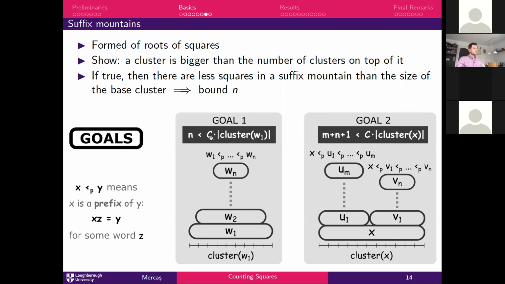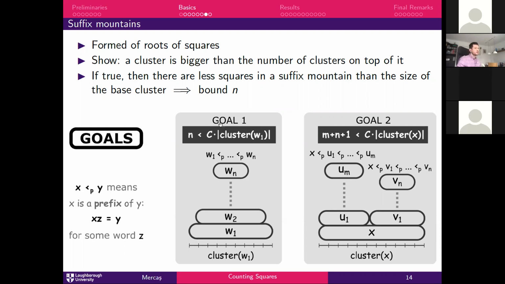Why am I using the constant here? Well, this constant basically will depend on the type of repetition that you're looking at. So if you're going to look at squares, this constant is going to be 1. If you're going to look at cubes, this constant will be 1/2. And in general, this constant will be 1/(k-1).